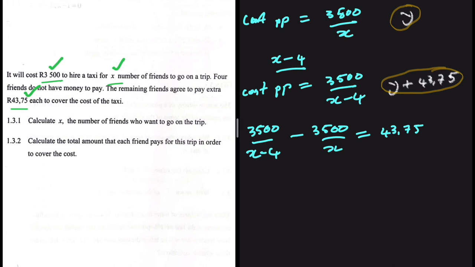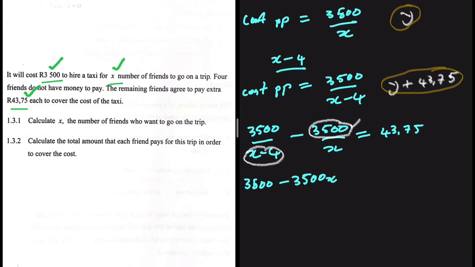We're going to start by multiplying out by X minus 4. So if we multiply that first term by X minus 4, we're going to be left with only 3,500. And then now we multiply in 3,500 on the middle term with the X minus 4. So if we multiply it by X, we're going to get minus 3,500X.